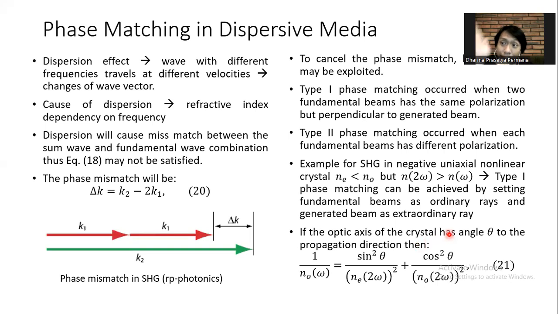Then we can vary the angle of deviation to achieve this extraordinary or ordinary phase matching condition using equation 21. Equation 21 is the equation for type 1 phase matching for second harmonic generation in this kind of birefringent crystal with the optic axis that has some angle of deviation.